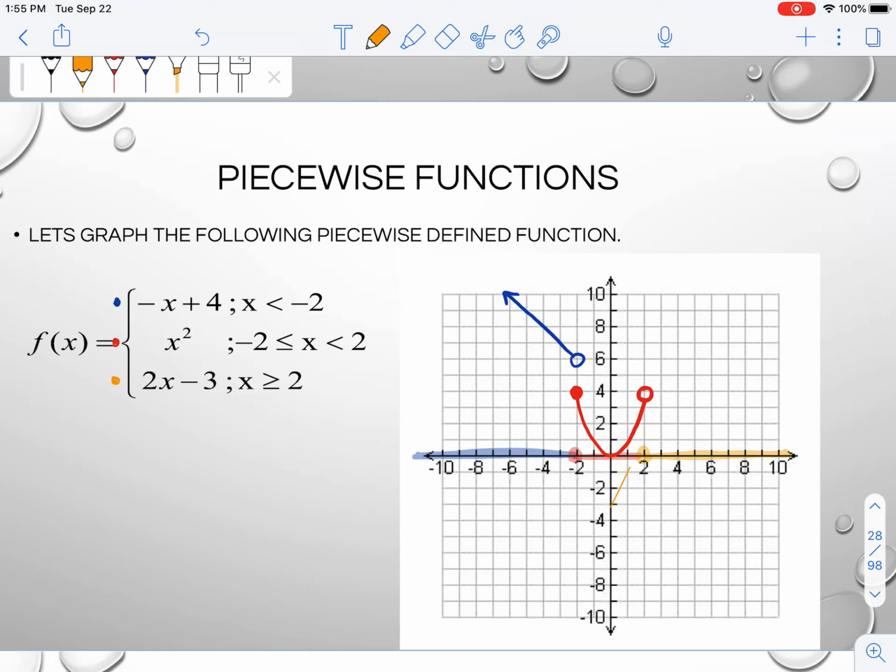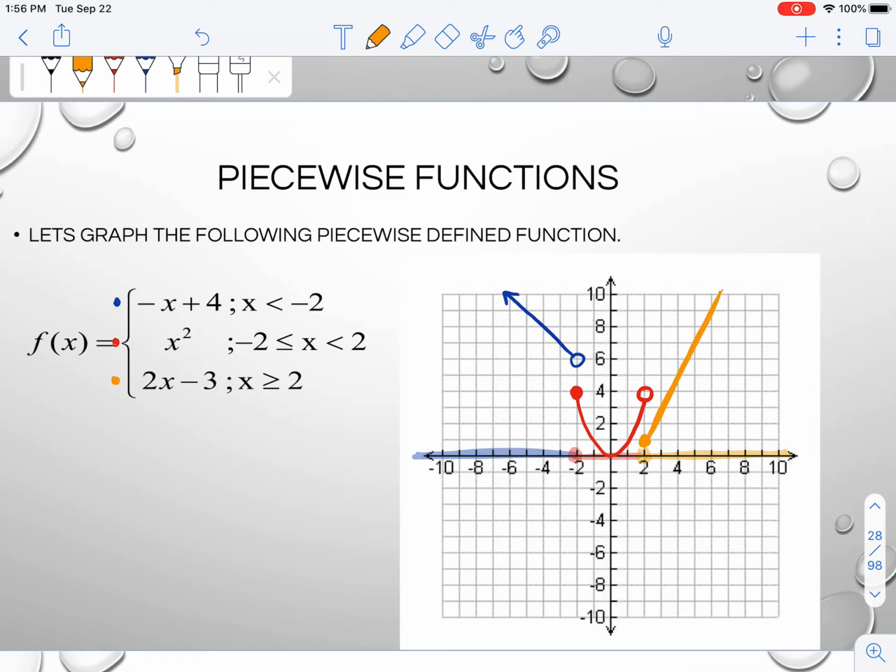So I'm going to have a filled in circle here, a closed circle, following the line.